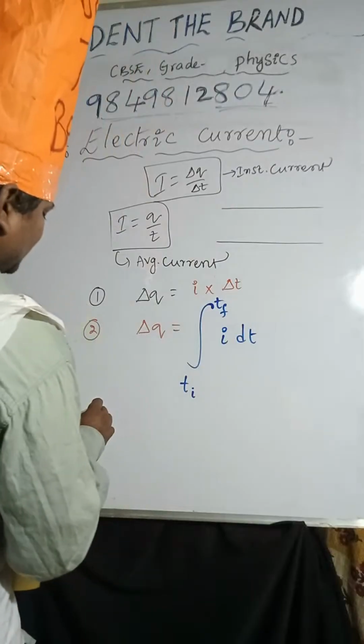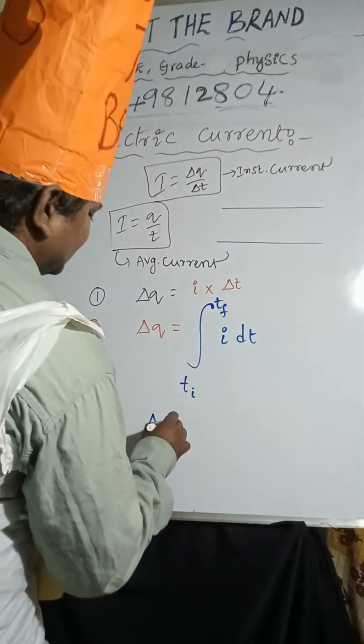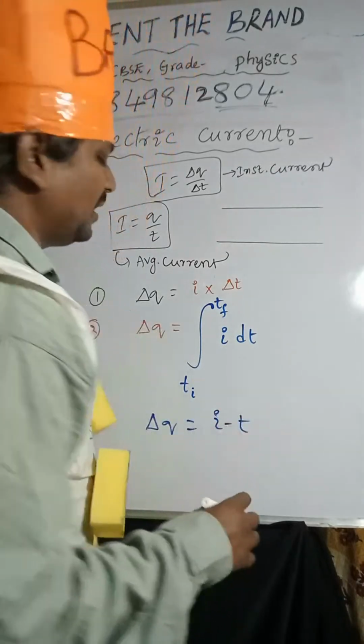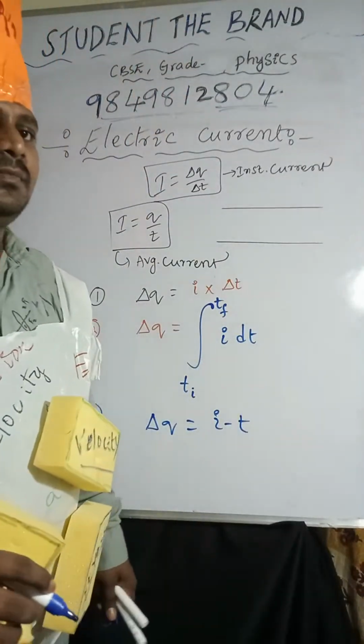And third, the flow of charge can be obtained by the area under the I-T graph.